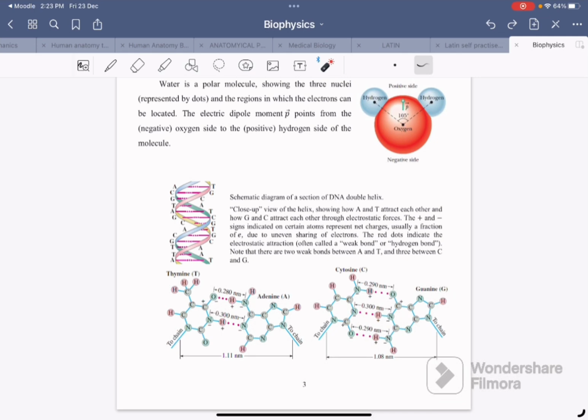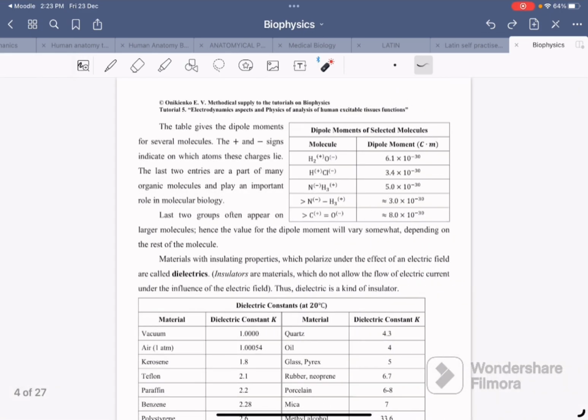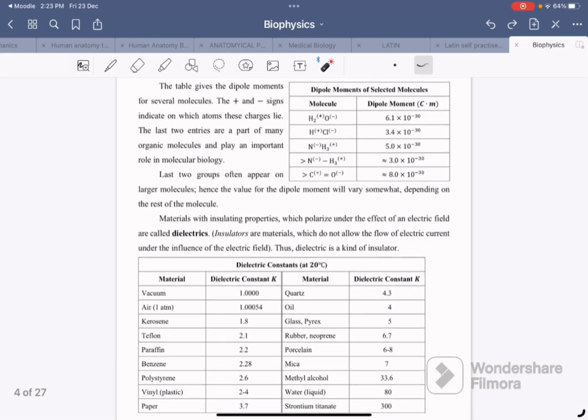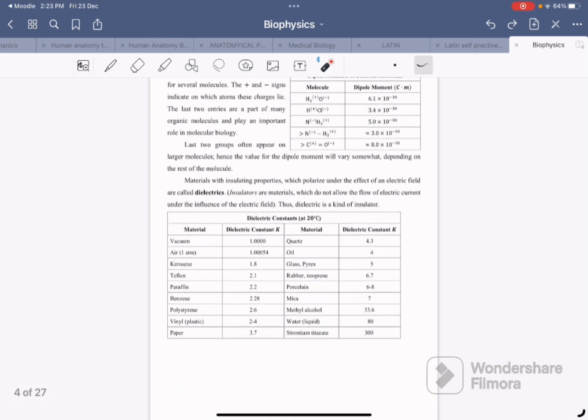So they're connected. I think I have just informed you wrongly. Adenine and thymine should be a double bond, and guanine and cytosine must be a triple bond. All right. So as you can see, there are two hydrogen bonds between thymine and adenine, and cytosine and guanine has triple hydrogen bonds. So that is the point of difference.